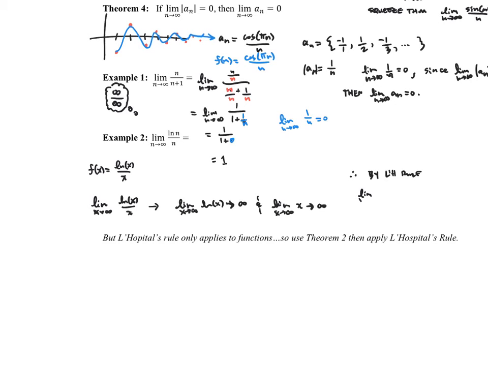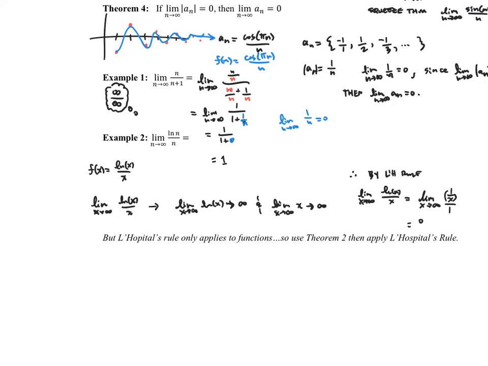the limit as x approaches infinity of ln of x over x should be equal to the limit as x approaches infinity of the ratio of their derivatives. Okay, so the limit as x approaches infinity of 1 over x over 1.